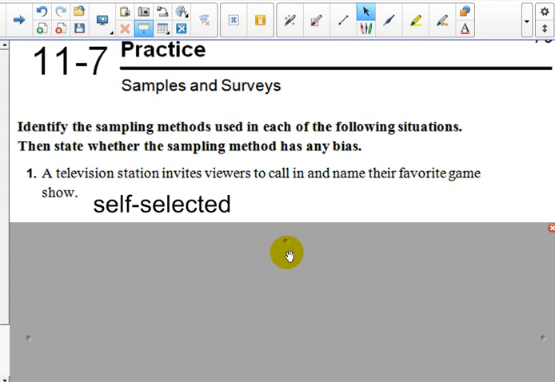It depends on if they're asking for their favorite game show off of that channel or not. Like, what if it's Jeopardy and they're asking you what's your favorite game show? Or do you like game shows? But it says name their favorite show. So it could have bias just depending on what type of program it is.